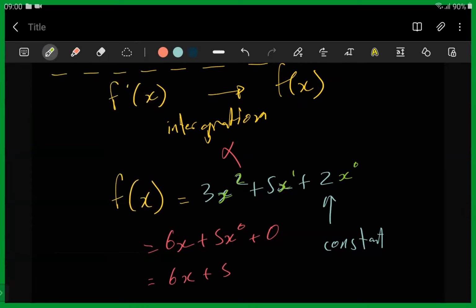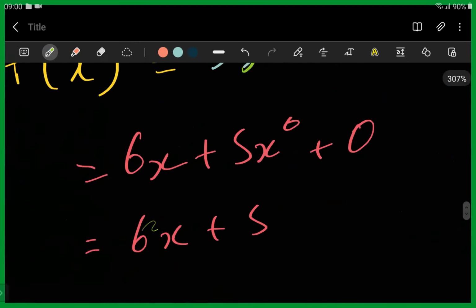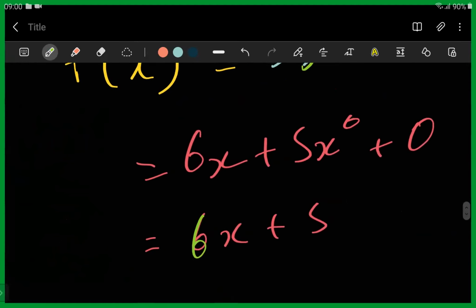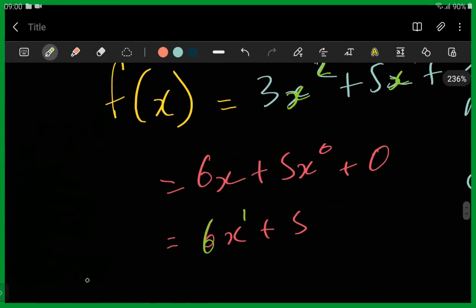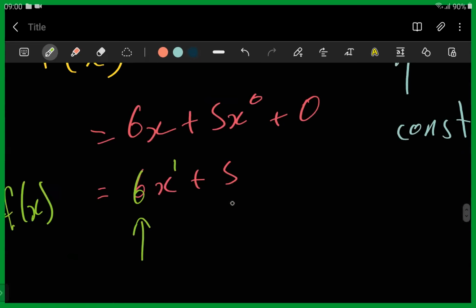Because as you can see, if you have, say, this is a differentiated equation and this is f prime, there are not a lot of combinations that give you a 6. It's always just going to be 3 times 2 to get a 6. And for you to end up with a 5, it's obviously obvious that you started with x to the power 1.